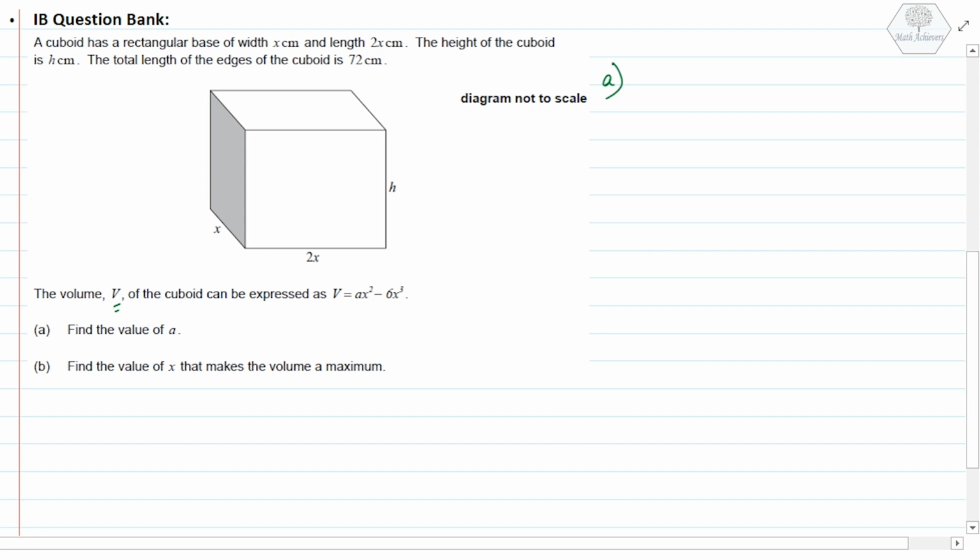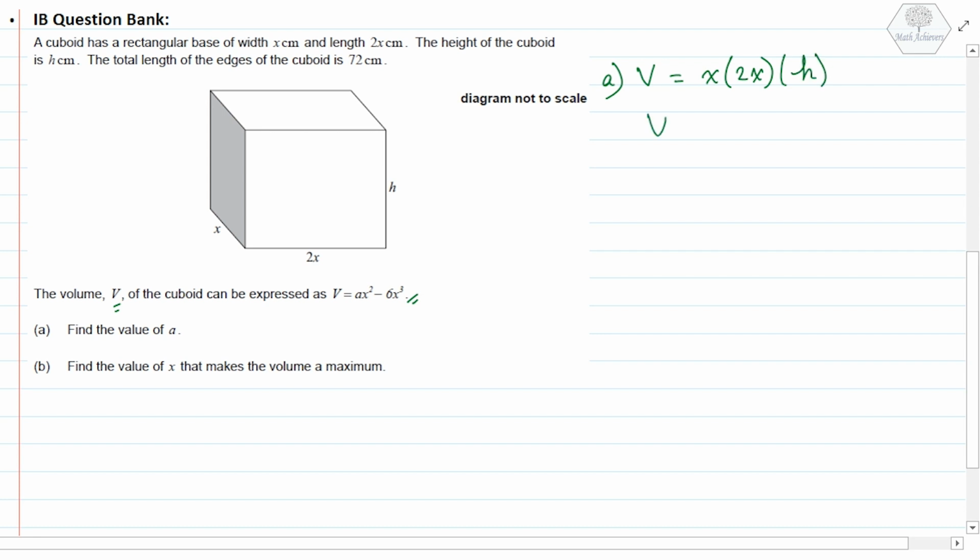So for part A, I need to find the volume in this formula. The volume is simply equal to the length of the base times the width times the height. So it's equal to x times 2x times the height, which is h.